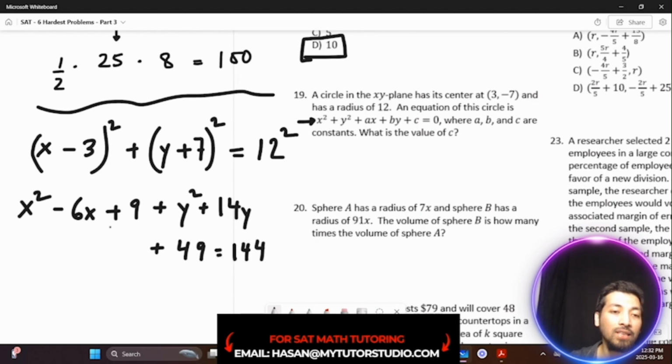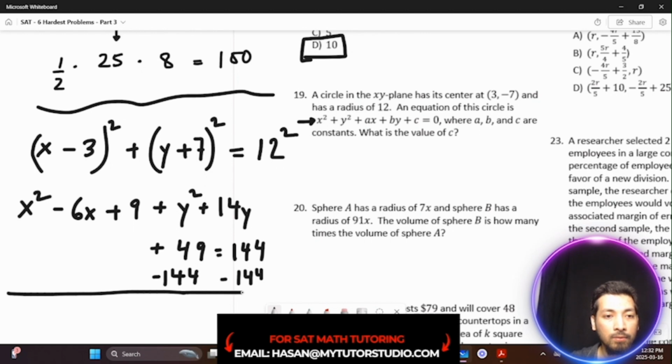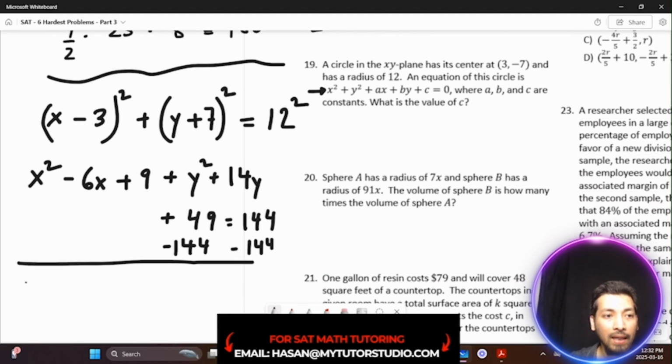So if we move everything to the left side, we subtract 144 from both sides, and we get x squared plus y squared minus 6x plus 14y.